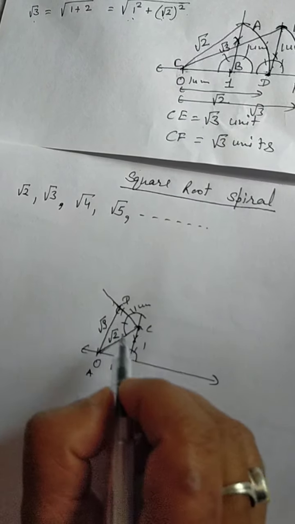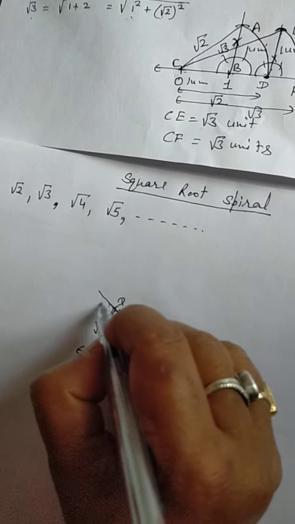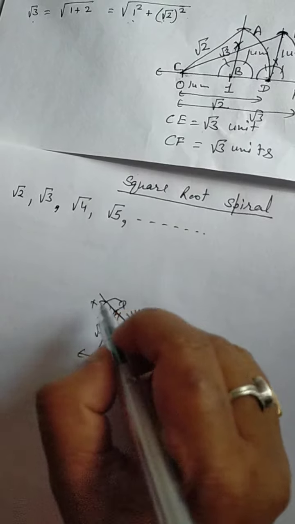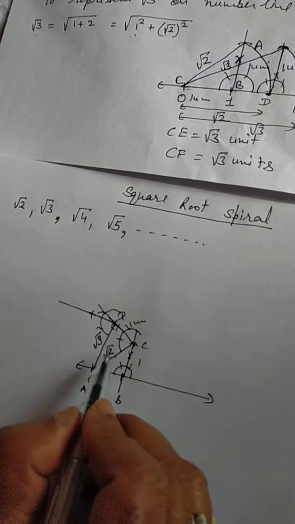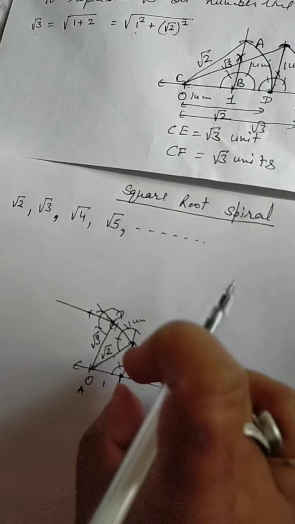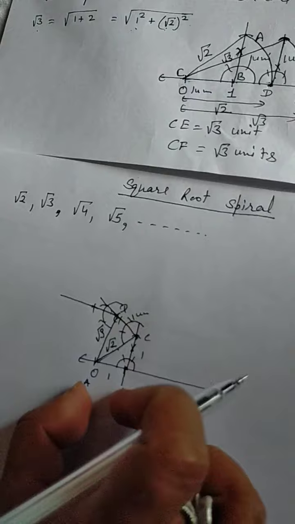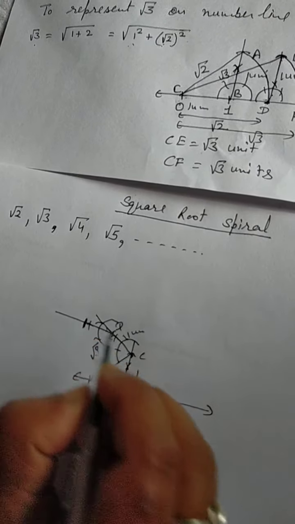Then again you consider AD as base. At point D, again you draw an angle of 90 degrees with the help of compass. It will be like this. Then at this ray, you again cut an arc of 1 unit radius. This AB is 1, so you measure this 1 unit and cut an arc of 1 unit from here.